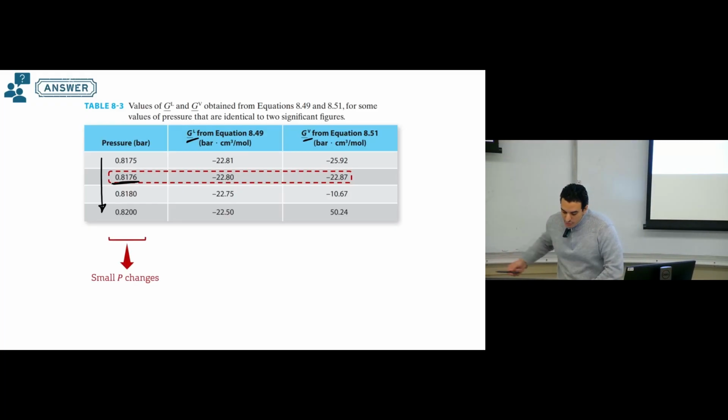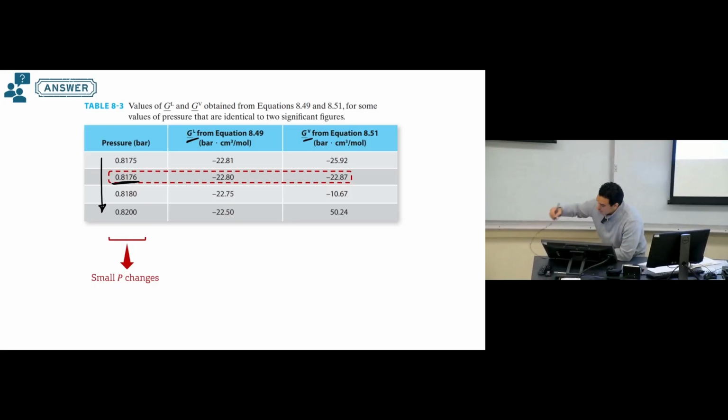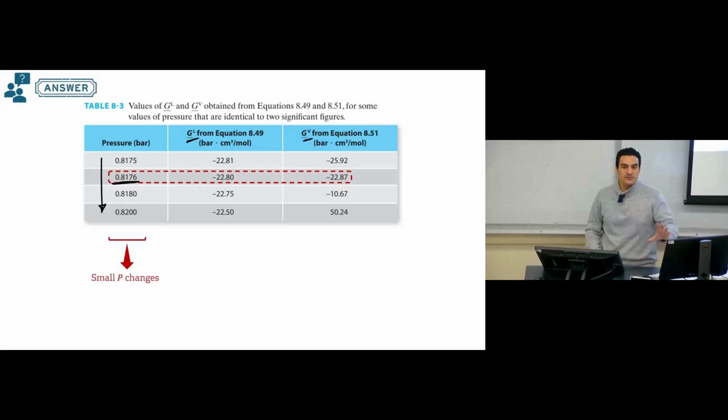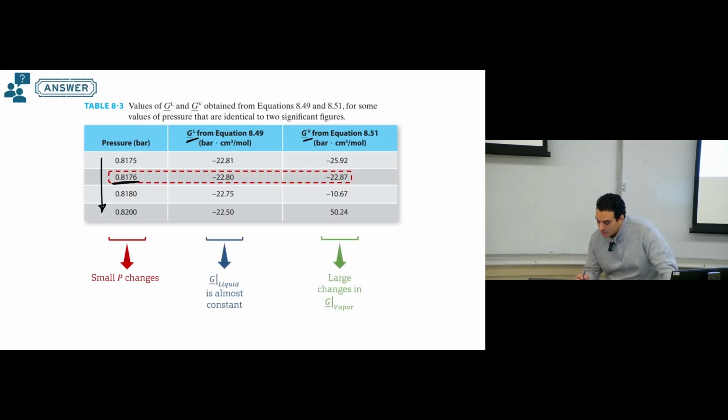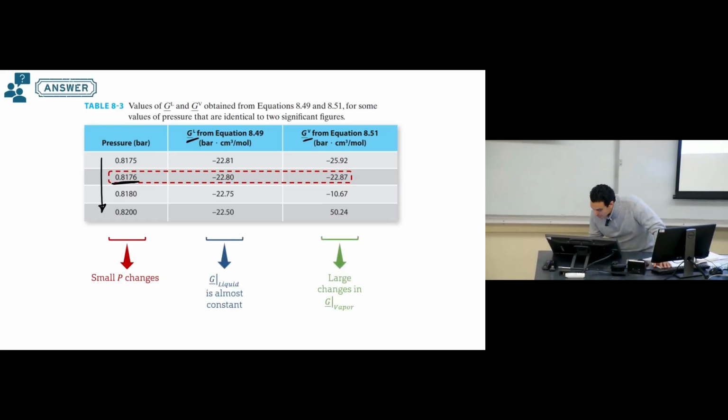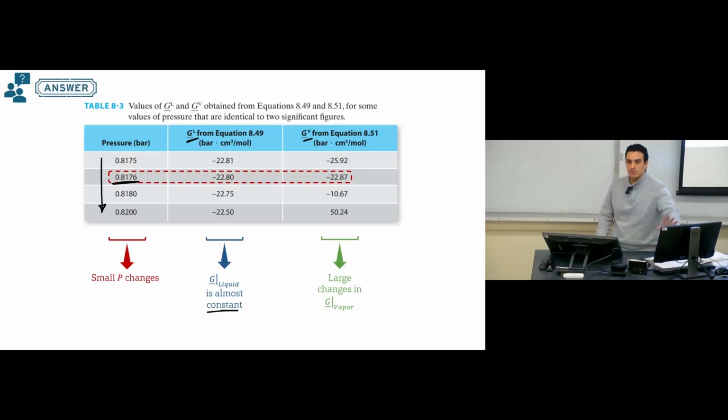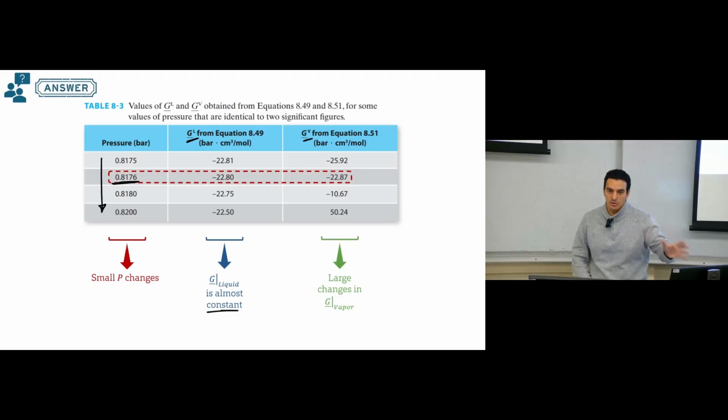In the first column, the pressure values are very close to each other, only small changes. But even with these small pressure changes, molar Gibbs free energy for liquid is almost constant: 22.8, 22.8, 22.75, 22.5.